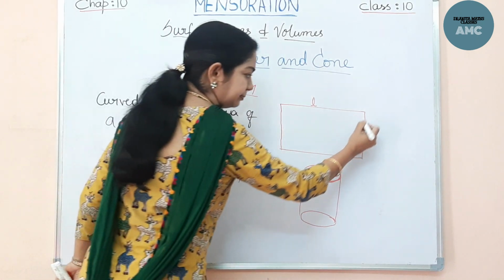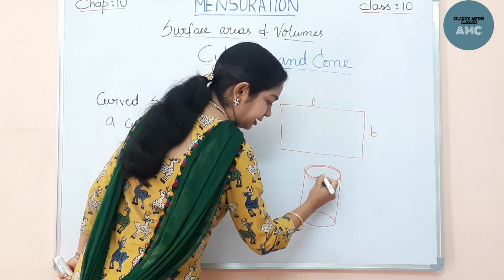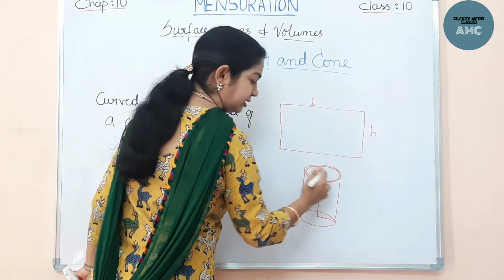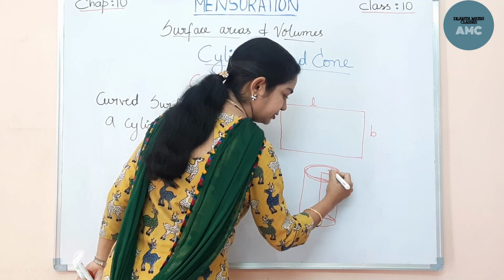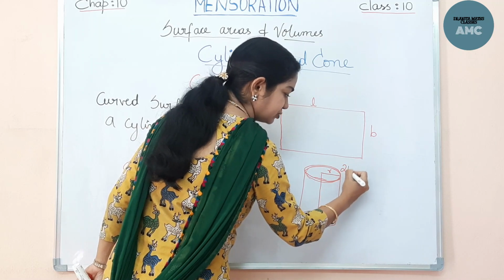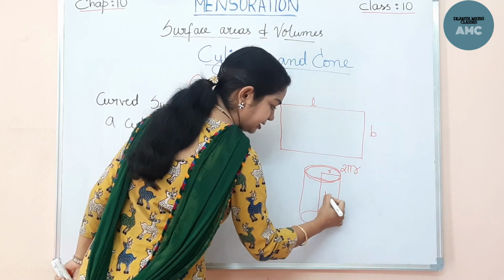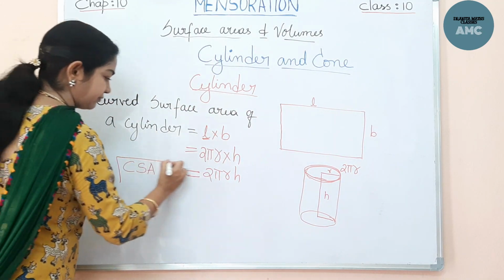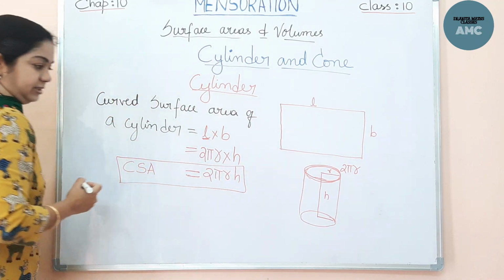Now this B here becomes the height, right? And if it is a circle, this is the radius, right? And this is the circumference, 2 pi r. Here this is the H. So 2 pi r H is the curved surface area of a cylinder.